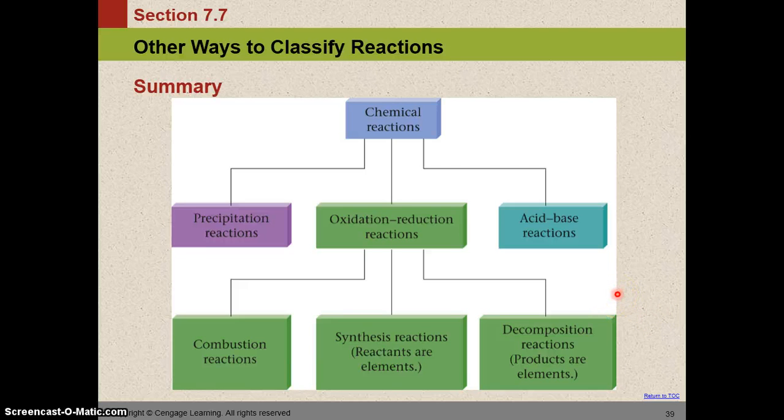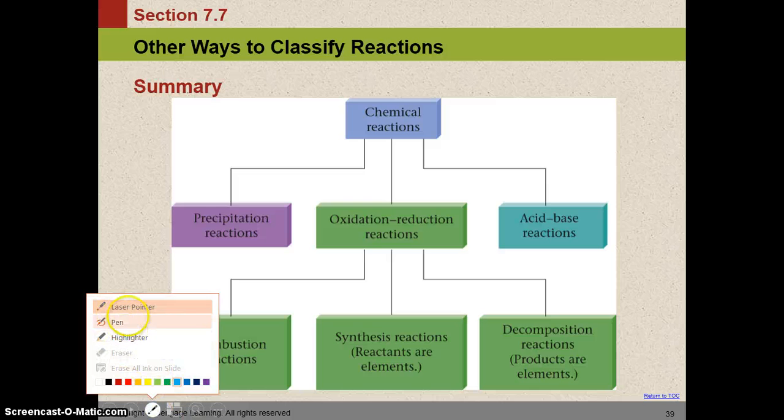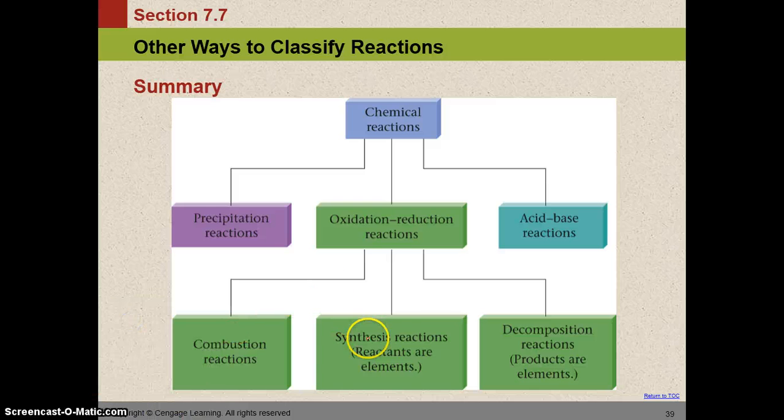One of the things I do want to bring out is that in addition to, let's see if I can switch over to the pen, not that you'll be able to read it, but I can try it. So in addition to what you see here, something else that could be labeled is your double displacement. So I'm just going to put the DD reaction, double displacement. This is a double displacement reaction as well as an acid-base reaction.